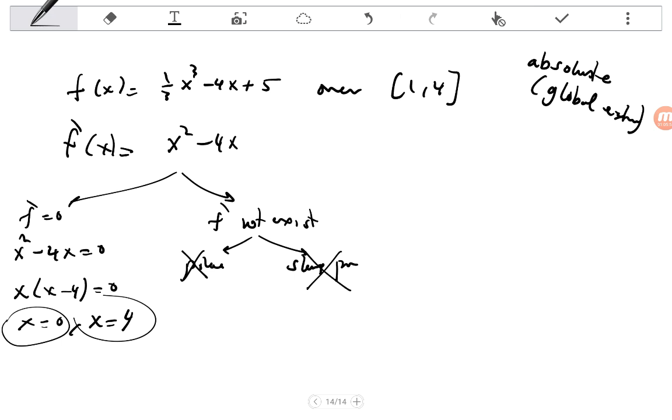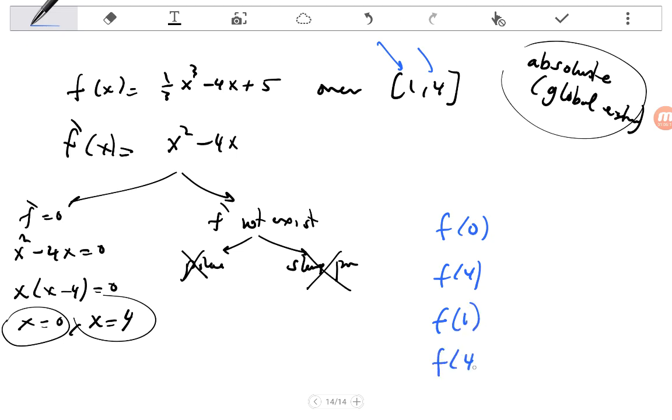Okay. Do we need to check the sign? In this case, no. When you are checking just the absolute extrema, you just take the critical points that you have found. So we'll check the critical points and the boundaries. What are the boundaries in this case? 1 and 4.